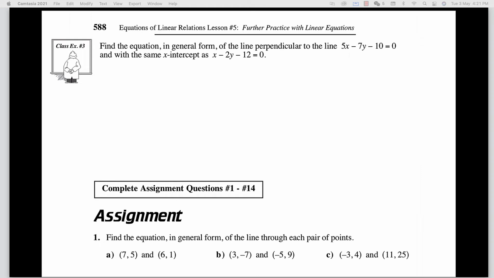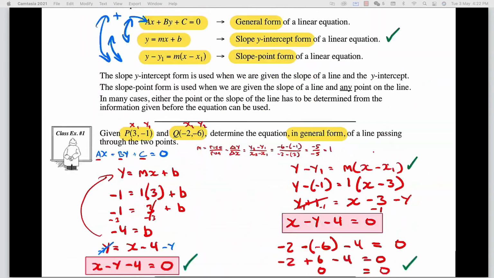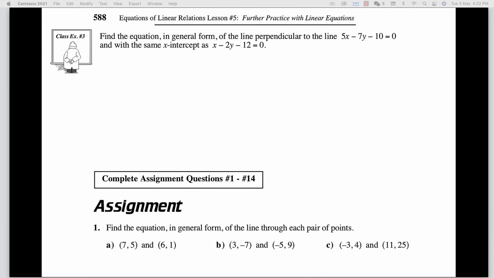Okay, last class example, and that's class example number 3. So same thing, I'm just going to be using different forms of the line depending on what information I'm given. So in this case, we need to find the equation of a line again, put it in general form, and the new line that we're trying to make is going to be perpendicular to this line.